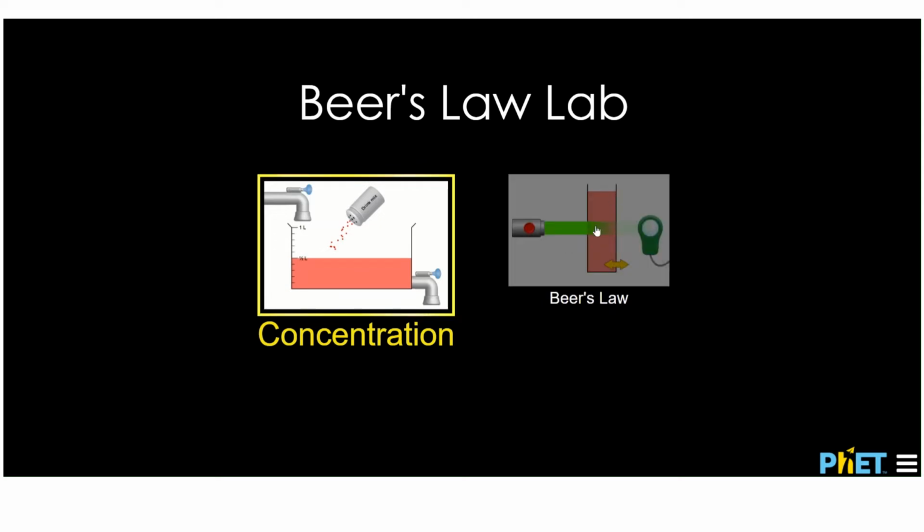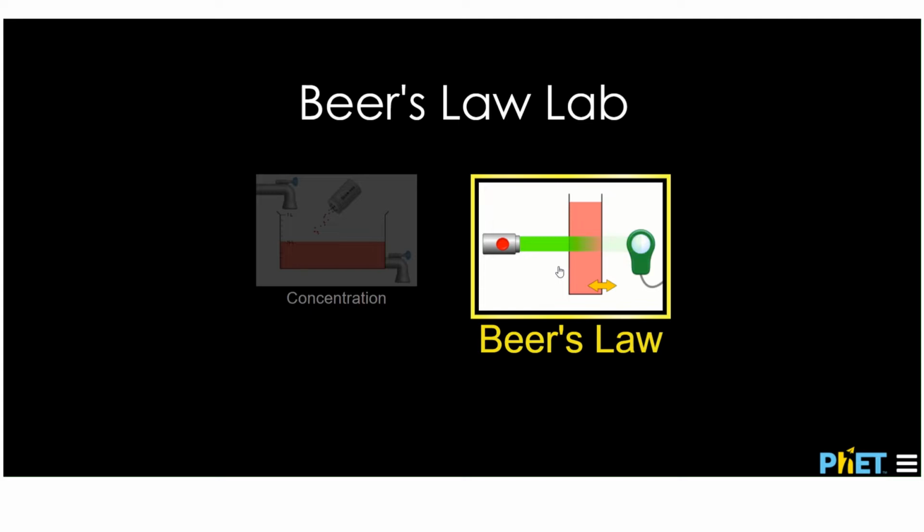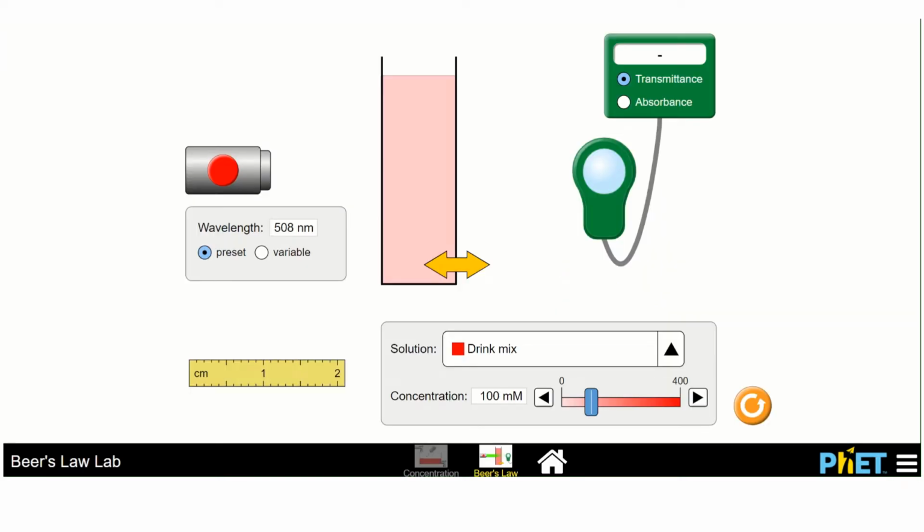The second panel is what we are interested in, which is Beer's law. So click that. Now step 2, A, B, C, D, you can see that everything available to you in this little simulation is being described.